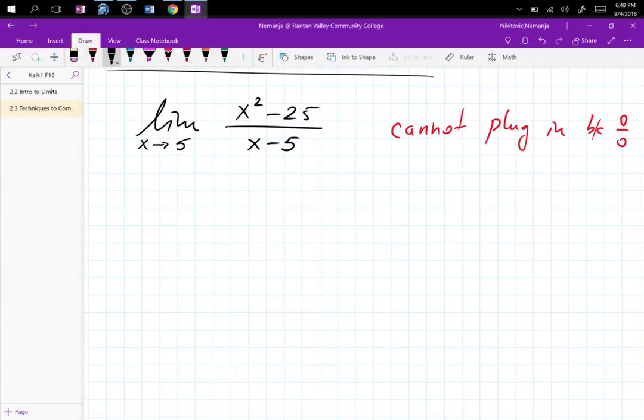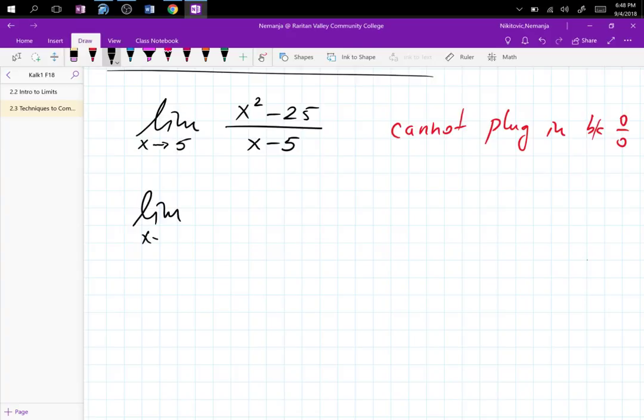Anyway, what do we have? We have to use algebra to solve this. And does anyone know what is the thing that annoys us? It's this denominator of 0. And the question is, can we eliminate this denominator of 0? x plus 5 times x minus 5. Beautiful. We are going to factor and then cancel.